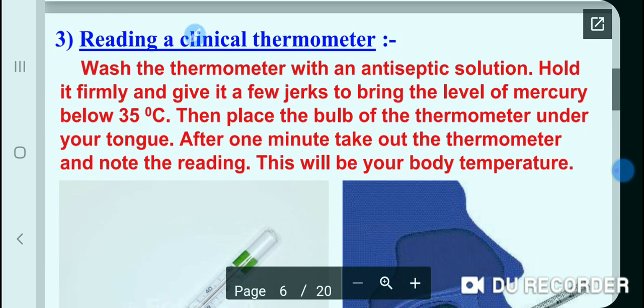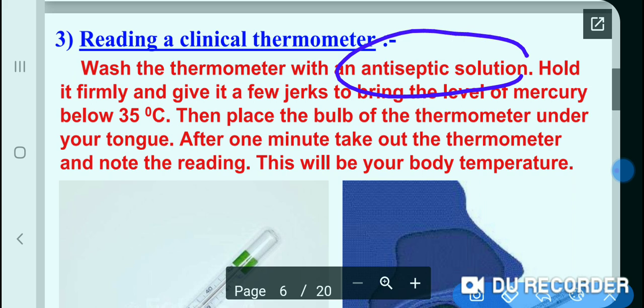Then, reading a clinical thermometer. When you are going to measure the body temperature, how would you read the temperature of your body with the help of a clinical thermometer? First, wash the thermometer with antiseptic solution, because you are going to put this thermometer in your mouth, so it is necessary that it be washed.